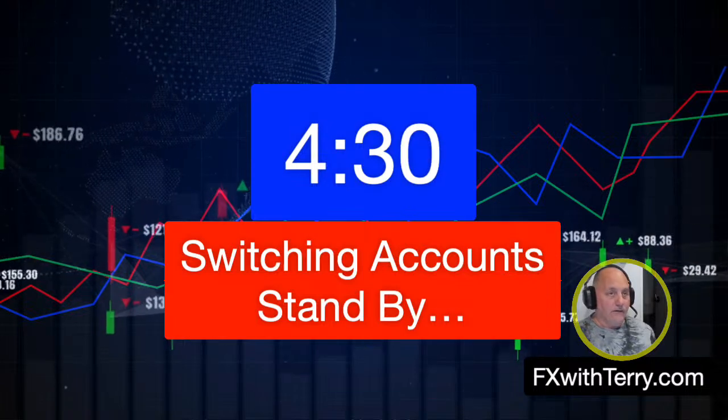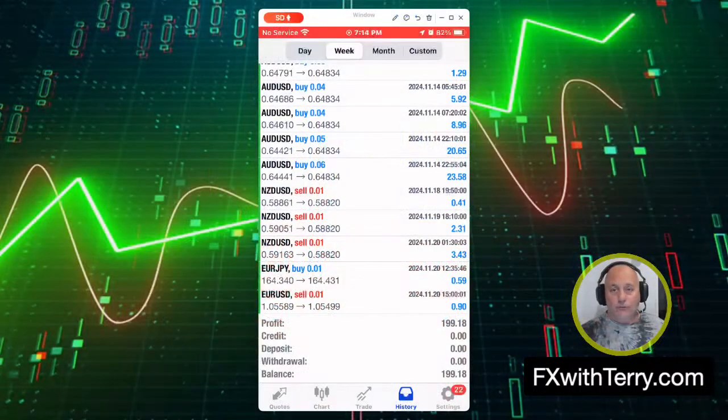So history-wise, and again, what I'm showing you here is the actual signal itself. It's made $199.18 for the past week. That's at a 0.01 lot size. That's pretty good. Obviously, you have the ability to scale it up from there. But $199 profit at a 0.01 base lot size, trading one pair at a time for the last week, impressive. Very impressive.